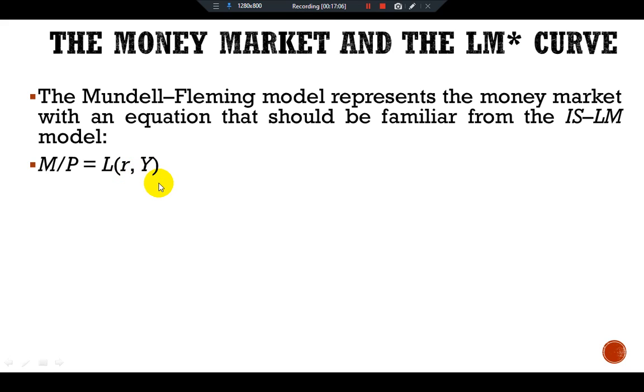This equation states that the supply of real money balances, M over P, equals the demand, L(r, Y). The demand for real money balances depends negatively on the interest rate r and positively on income.